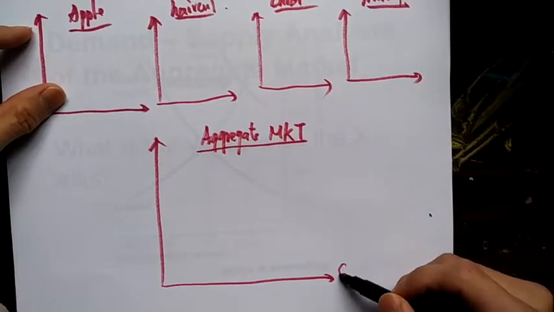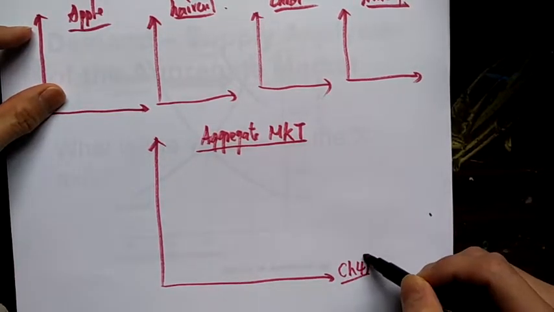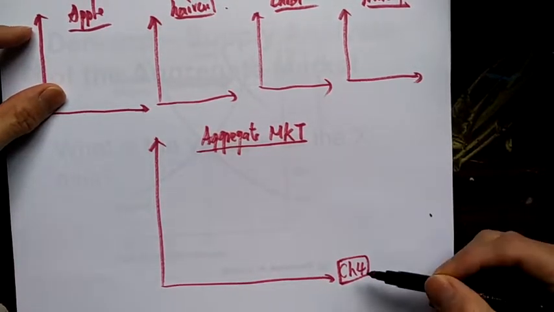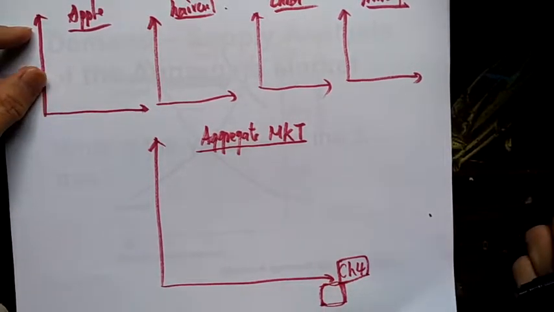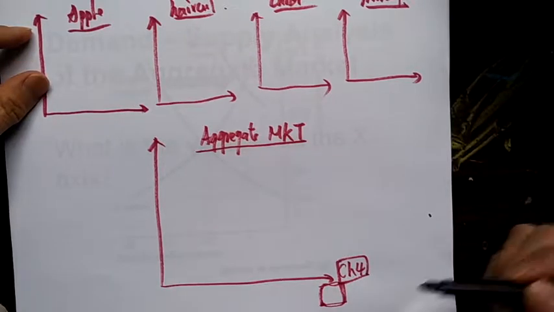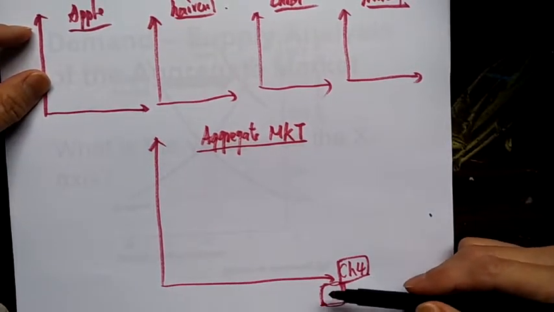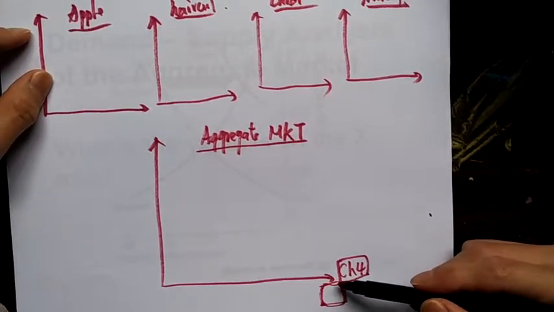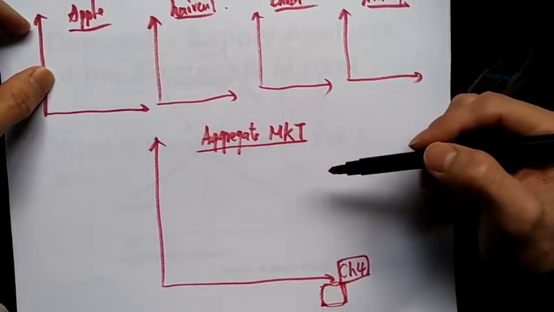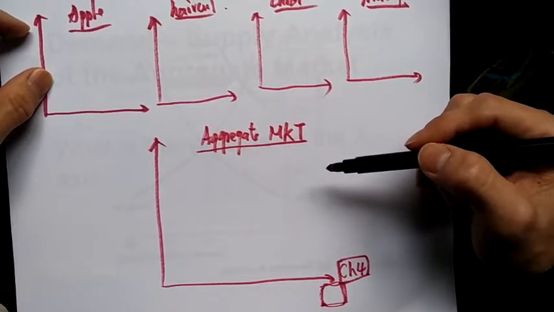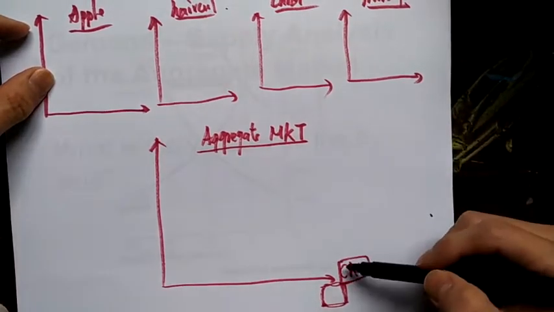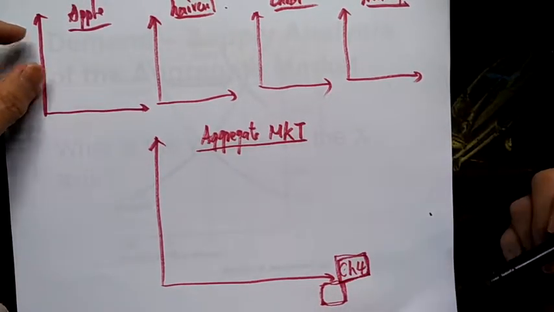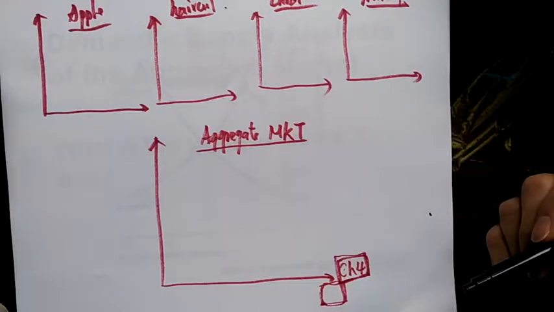We are going to use Chapter 4, the whole chapter, to define the variable on the x-axis. You know the answer. The variable on the x-axis is the quantity of aggregate market. But what does that mean? We're going to spend Chapter 4 talking about that.